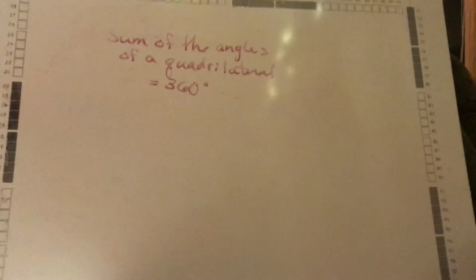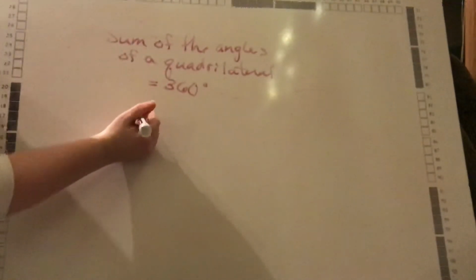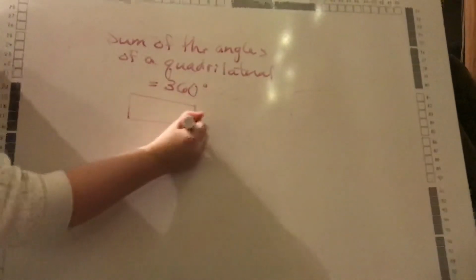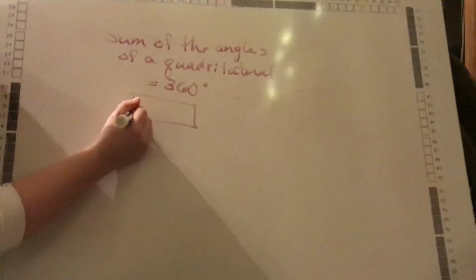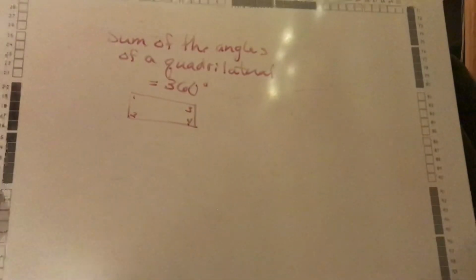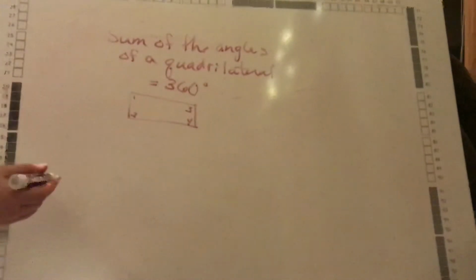You're probably wondering, how did you come up with that? Well, if we use a simple example like a rectangle, it's a quadrilateral. We have 1, 2, 3, 4 angles. You know that 90 times 4 is 360.